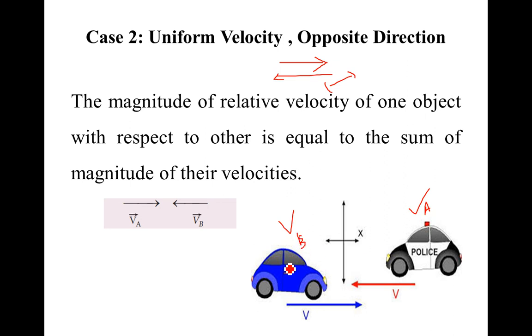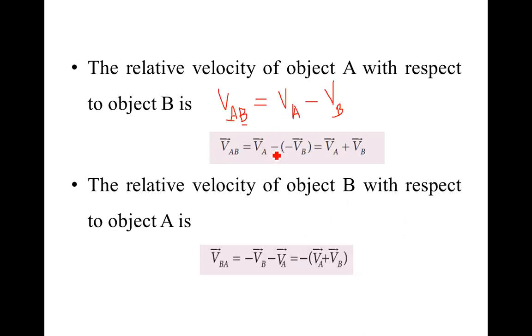You can see that both are in the opposite direction. So for one it is positive, and for the other it is negative, right? VA is positive, with this minus as such, and VB is in the opposite direction, so it is minus VB. When you have minus into minus, it becomes plus. So the relative velocity for the two objects in opposite direction becomes VA plus VB, which is nothing but the sum of the velocities.